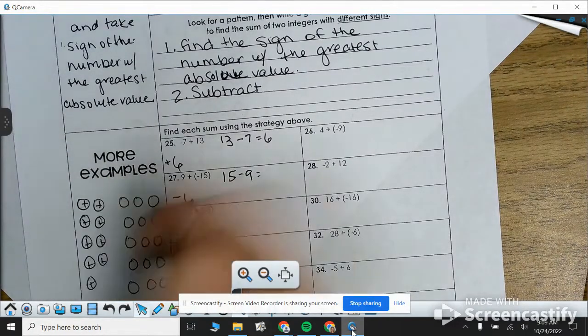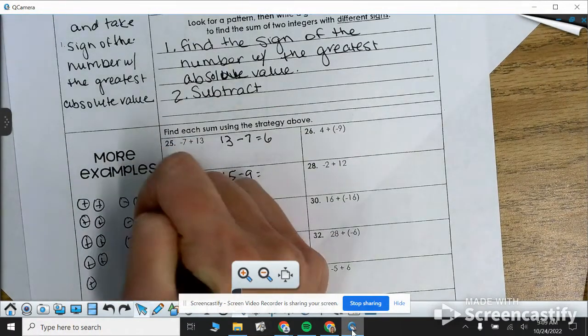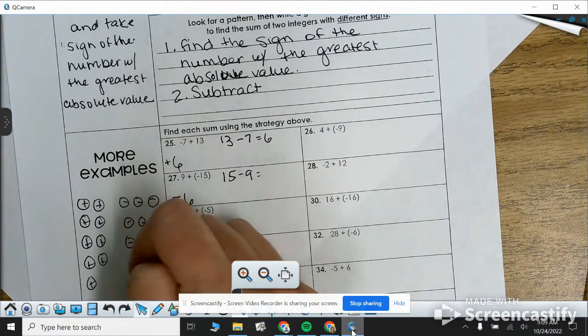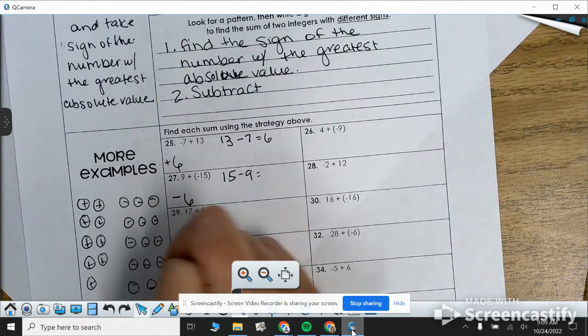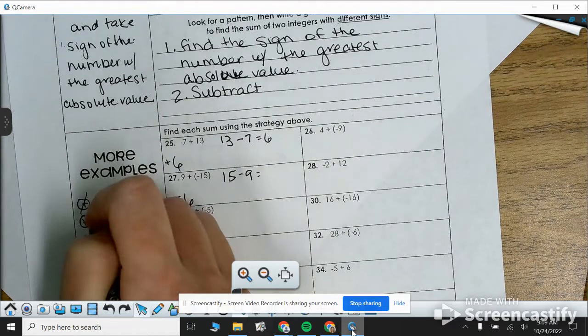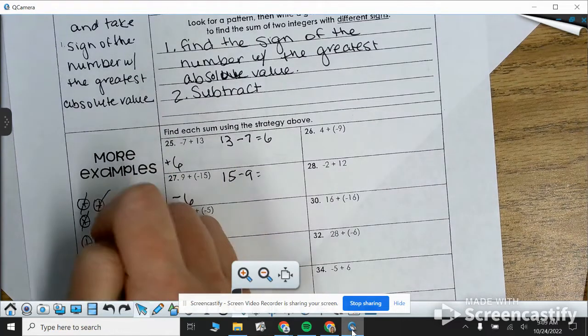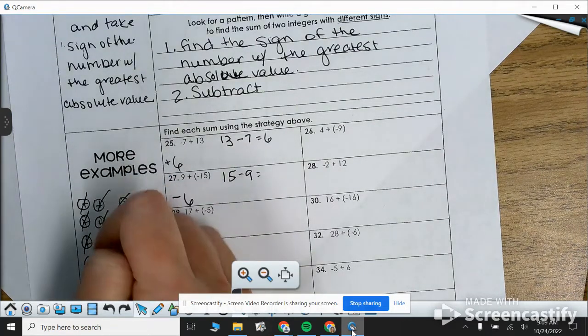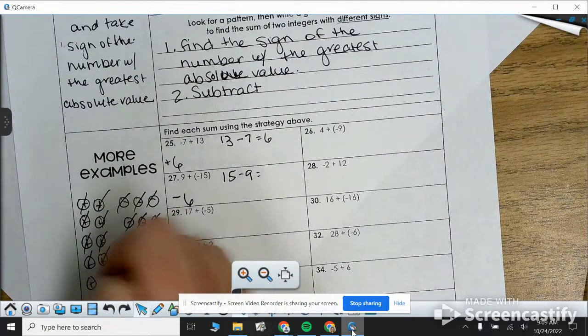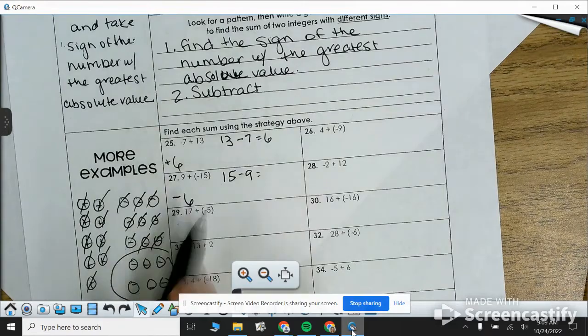And you can always use this strategy, guys. But like I said, as the numbers get bigger, we really don't want to. Canceling out my 0 pairs. What am I left with? Negative 6.